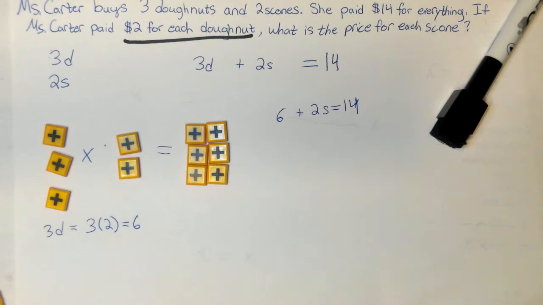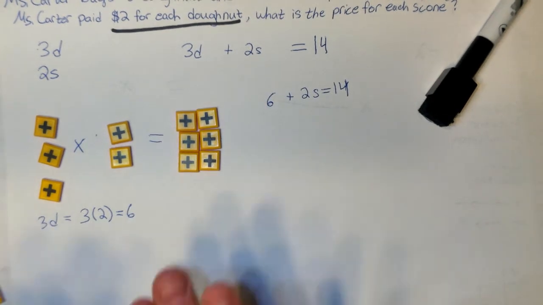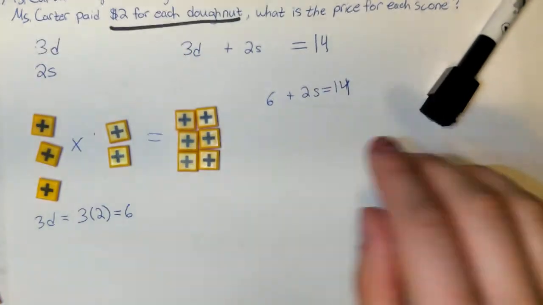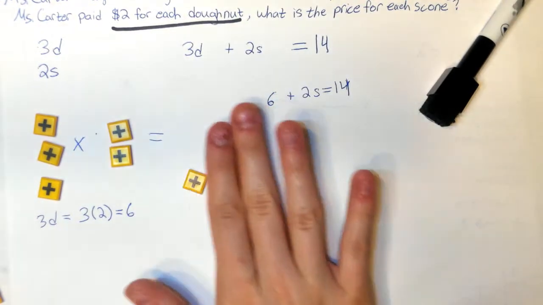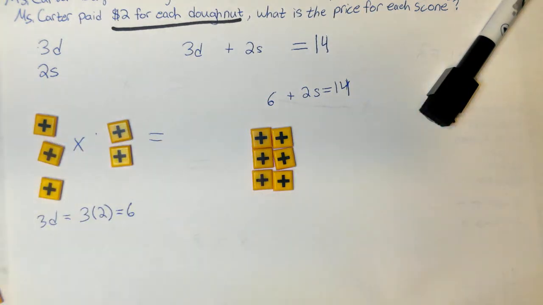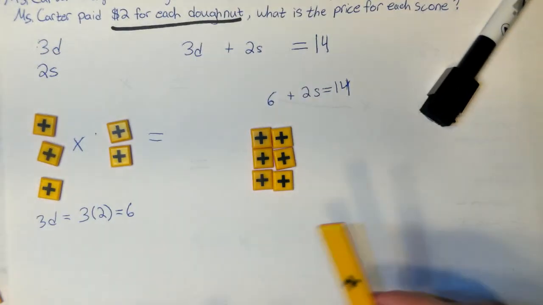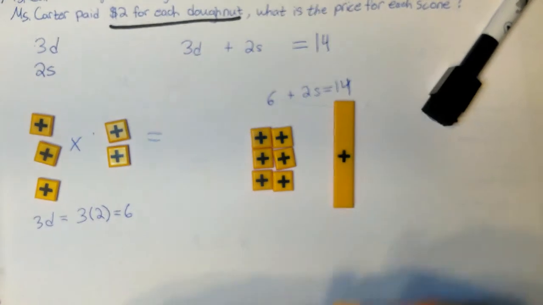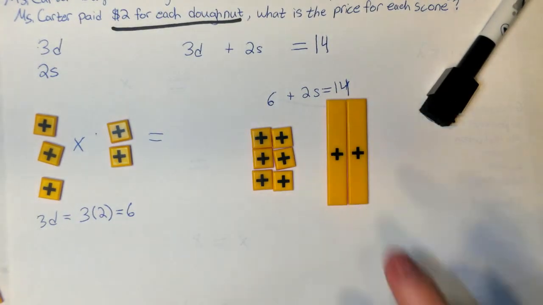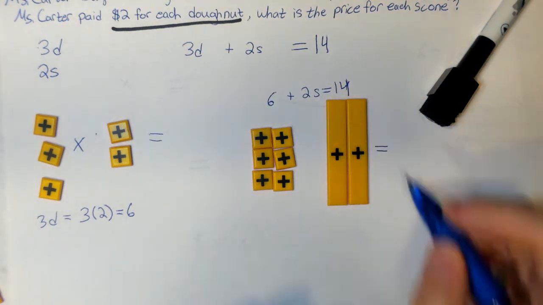So let's use our algebra tiles to represent this. So I've got the 6 here already. We'll move it down here. So I have 6 plus 2s. So we have positive 2. We're going to use 2 long, thin tiles to represent our variables. We have 2 of them because it's 2s, which is equal to 14.